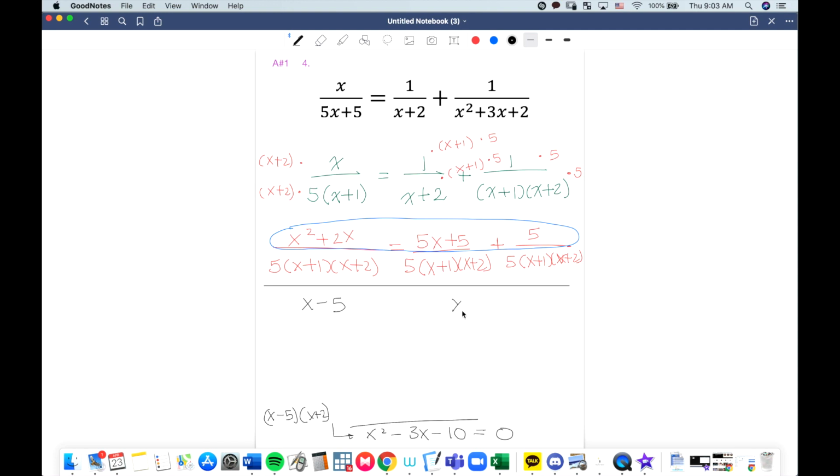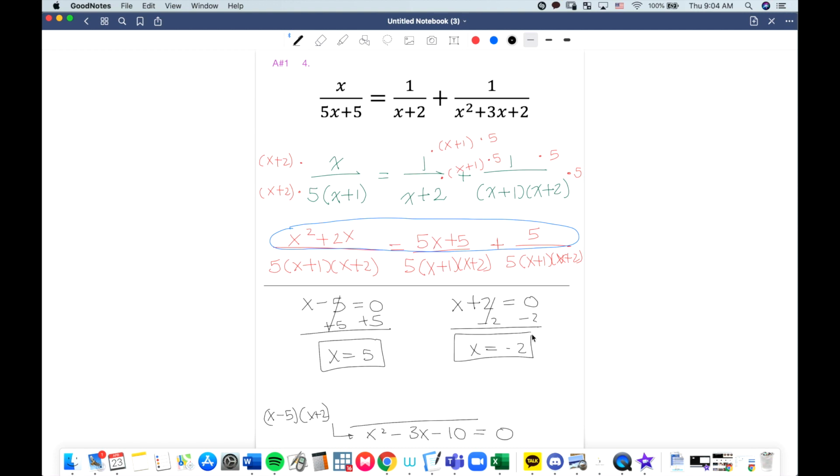And I just set each of them equal to 0 and I solve. So one of my solutions is x equals 5. And the other solution that I get is x equals negative 2.